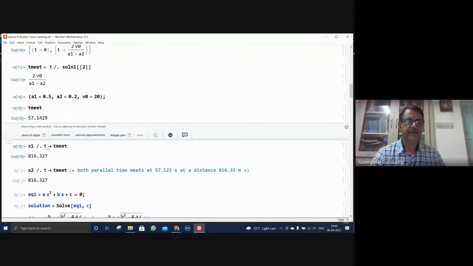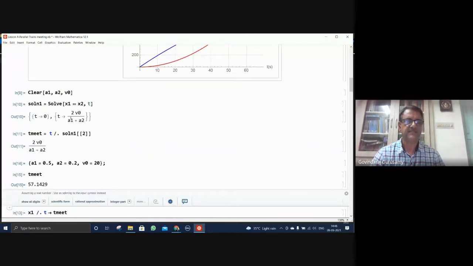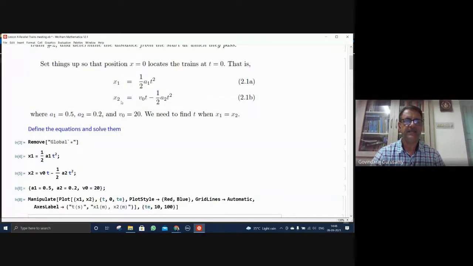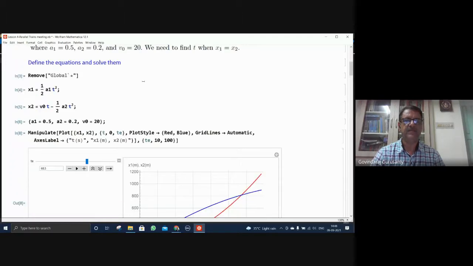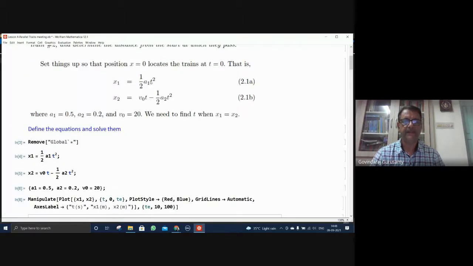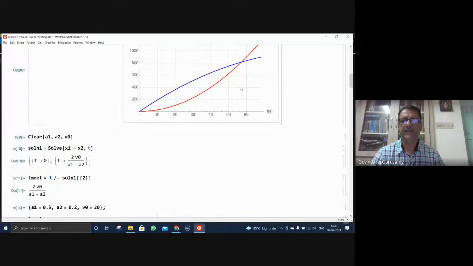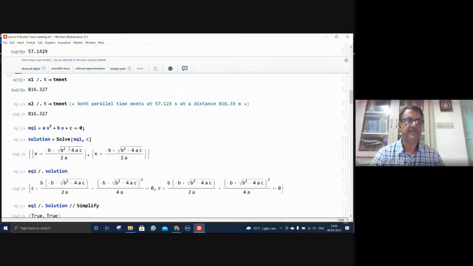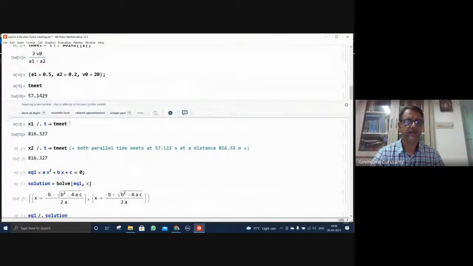Okay. Now, x1 is the distance, which is defined here. X2 is also a distance. These two are the distances for train 1 and train 2, in which what is needed is the t. T is the common point where they are going to meet. Therefore, I am substituting the t meet here for x1.